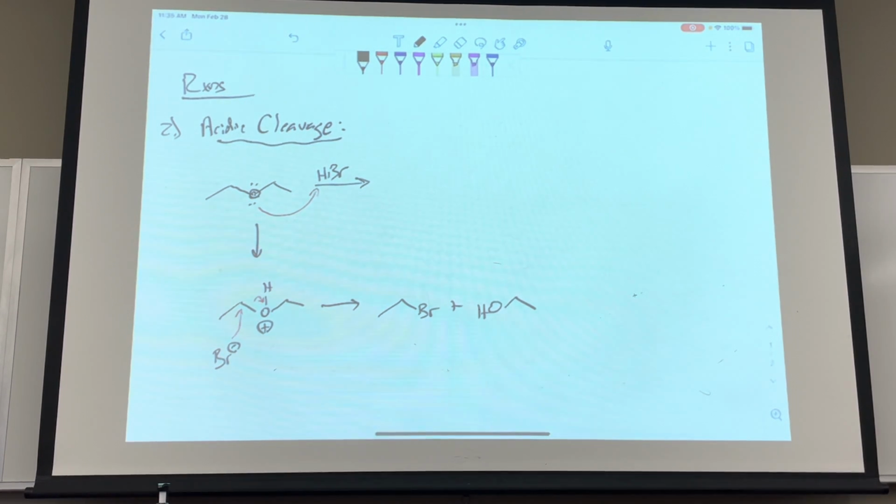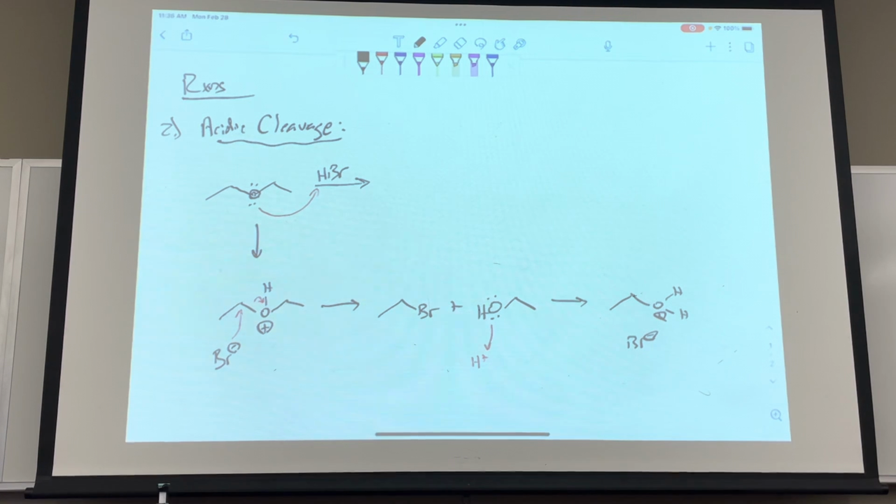Now once you have the alcohol, this can undergo the same process again. So the oxygen can go and grab a proton from the HBr, again generating a good leaving group.